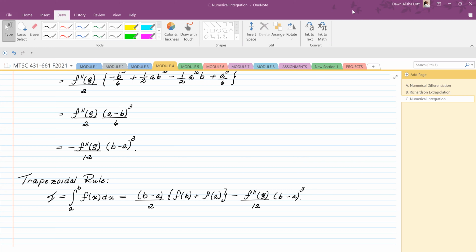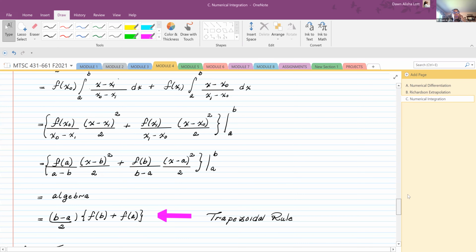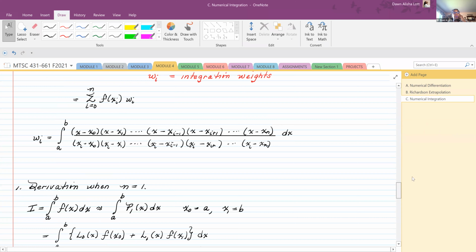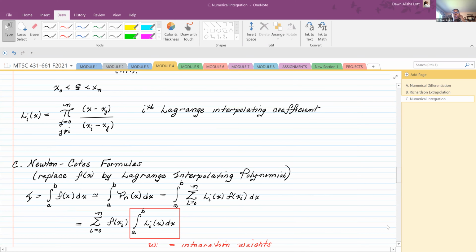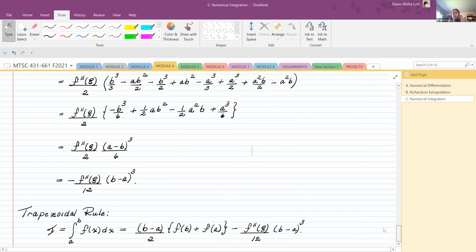Yes. Oh, okay. What do you think we're going to get? We did n equals 1. We got the trapezoidal rule. If we do n equals 2, we're going to get Simpson's rule.